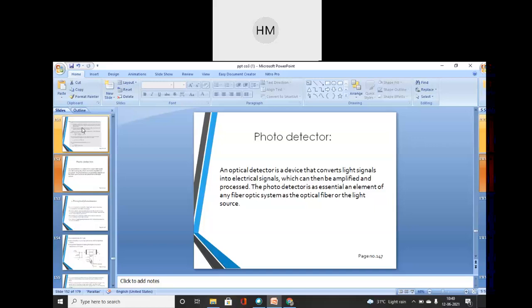Okay, so photodetector. Students, I think by the name you can guess what a detector is. We have seen the optical transmission and reception communication block diagram in the first few lectures of optical fiber communication. There we have seen transmitters, receivers and the communication channel. Here it is a wired channel and we are using optical fiber to transmit the signal from one end to another end.